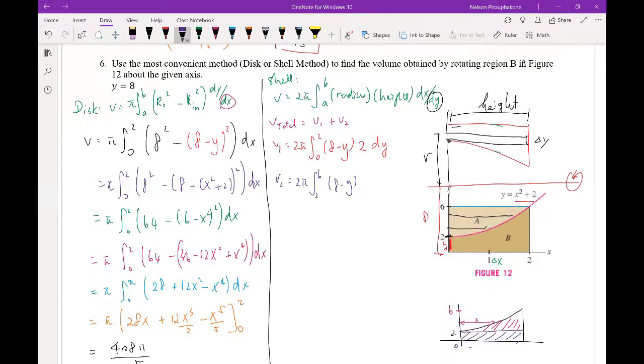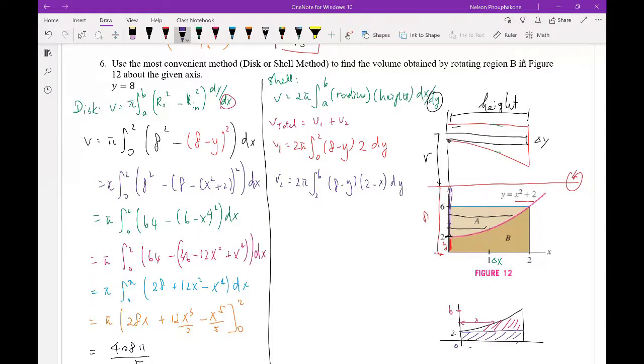When y is equal to 2, then the radius is 6. Then we know that from here to here is 6. When y is equal to 3, then the radius will be 5, right? And so on and so forth. However, the height in this case will be 2 minus x.